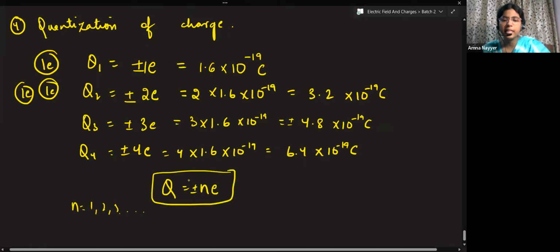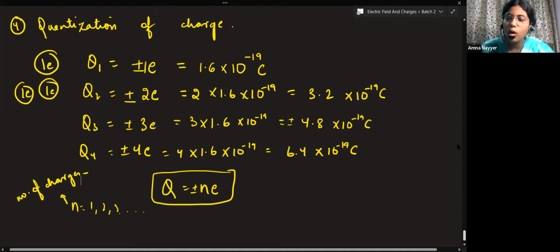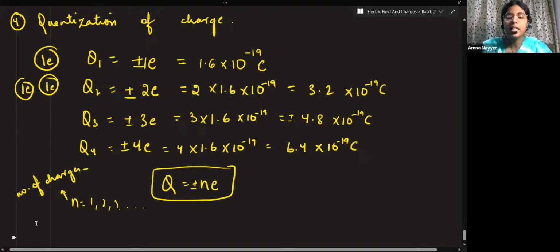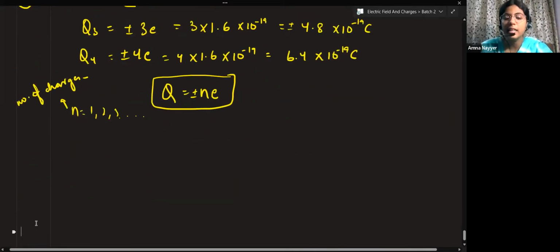In this manner only we get the charge. For n as 1 we can write, for n as 2 we can write. n means number of charges. So all observable charges are integral multiples of 1.6 into 10 to the power minus 19 only.